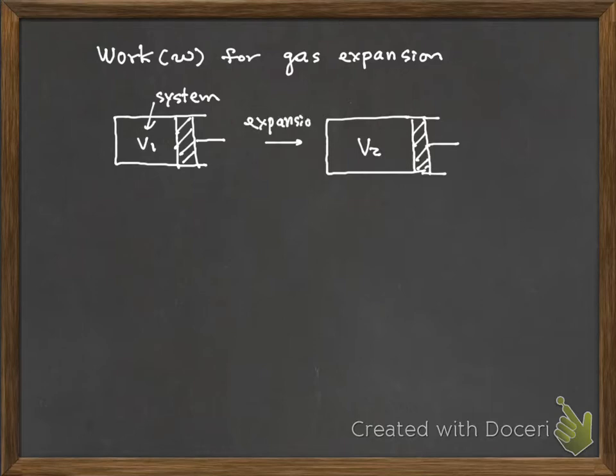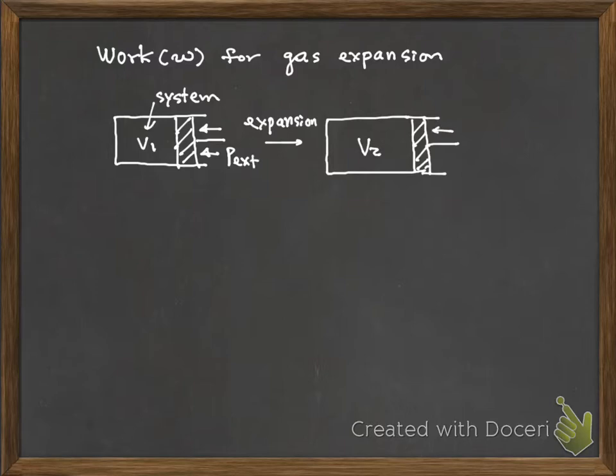And we have a very simple formula to explain the work done by the system. This is a system, we're changing the volume, and this piston is moving against what is called the external pressure.